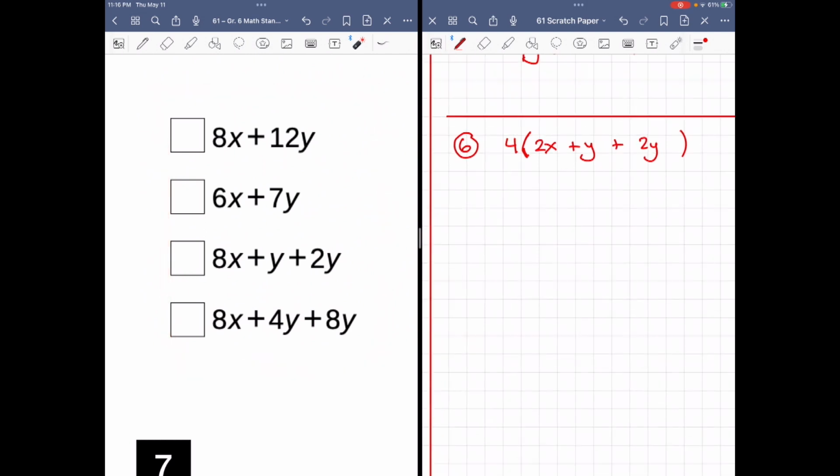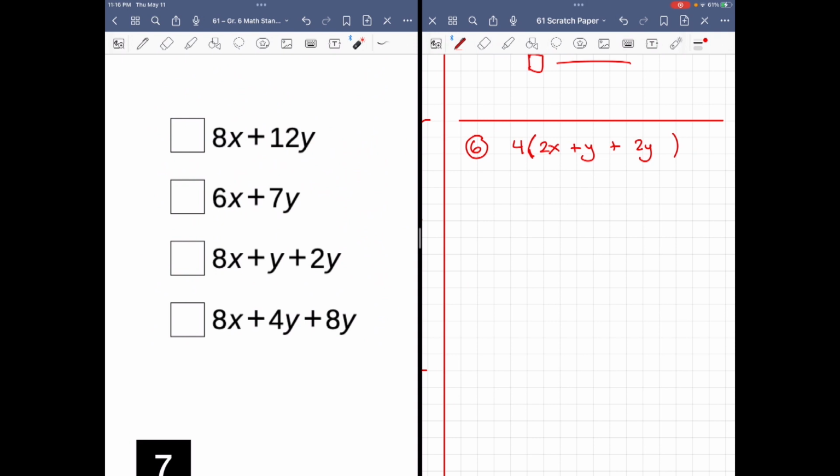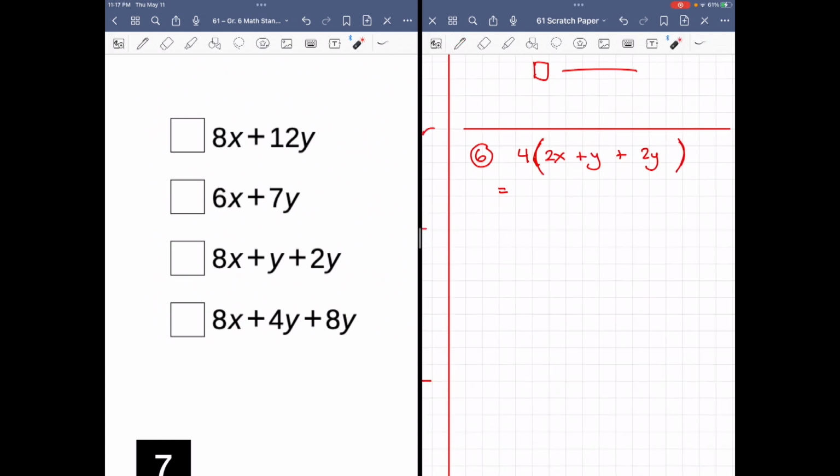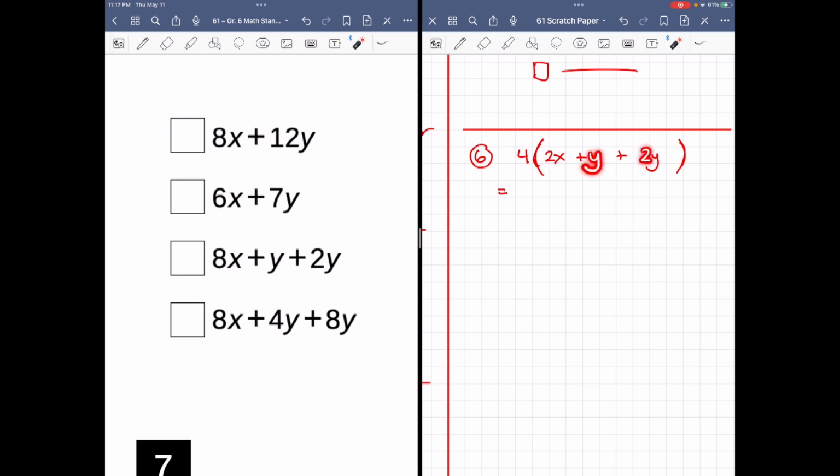So in our scratch paper, let's go ahead and see if we can simplify this expression. Write down equals. And make the parentheses bigger. So inside the parentheses, I'm going to look for apples and apples. And I notice that this y here can be combined with 2 more y's over here. So y plus 2 more y's is going to give me 3 y's.